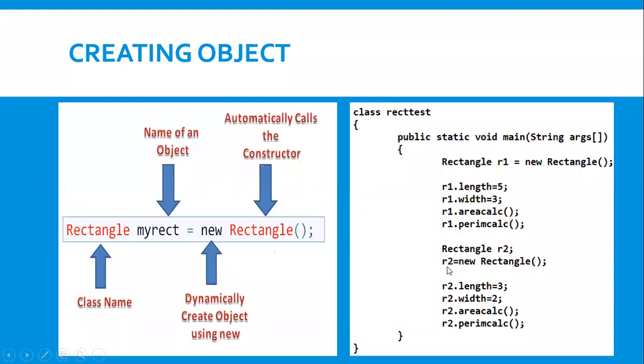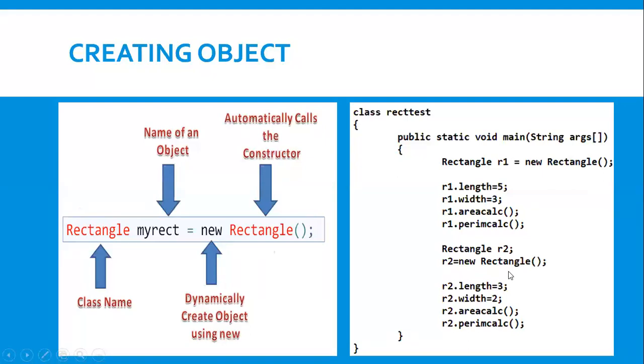This is another style of creation of an object. This is what we were doing initially. Here we are creating the class variable or reference variable, and then we are attaching the object to it using this new Rectangle.